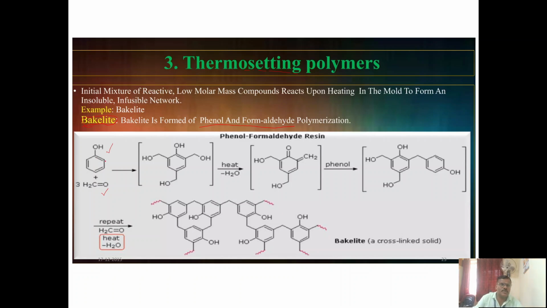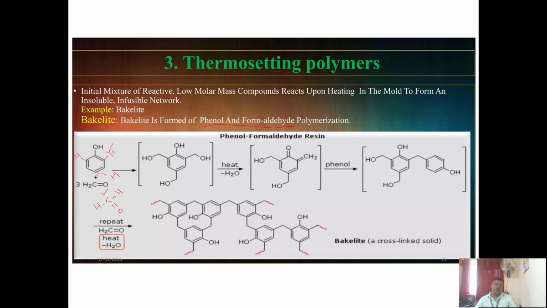The chemistry is very simple. Just imagine you have hydrogen here, you have hydrogen here, and you have hydrogen here. What happens? Same as melamine formaldehyde. This hydrogen will react with the formaldehyde. What is formaldehyde? Formaldehyde is H, C double bond O, H. So you remove the hydrogen, put it to the OH.